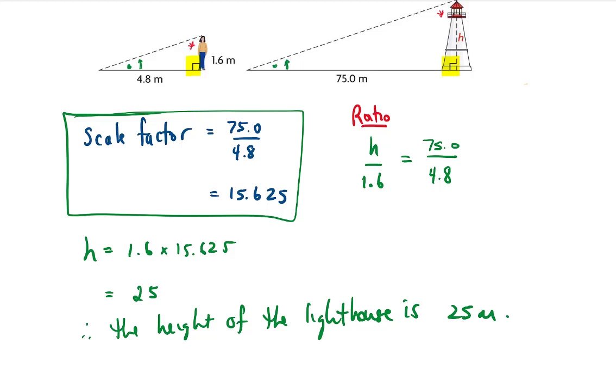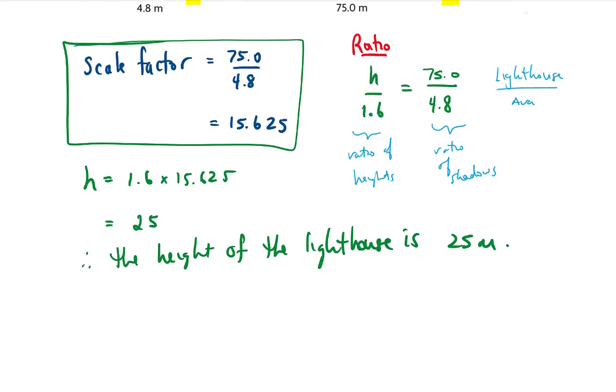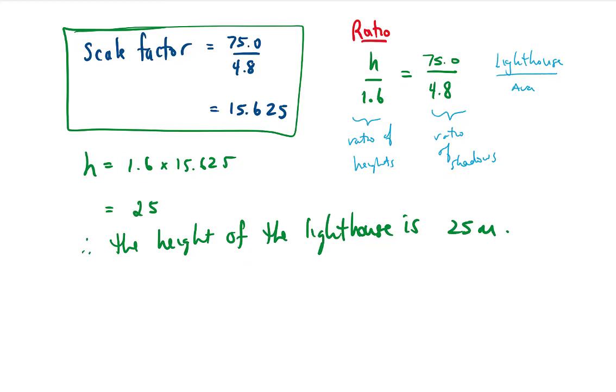So what we're doing is comparing the lighthouse measurements versus Ava's measurements. Here we have the ratio of the two heights, and here we have the ratio of the shadows. So next we need to solve this equation.